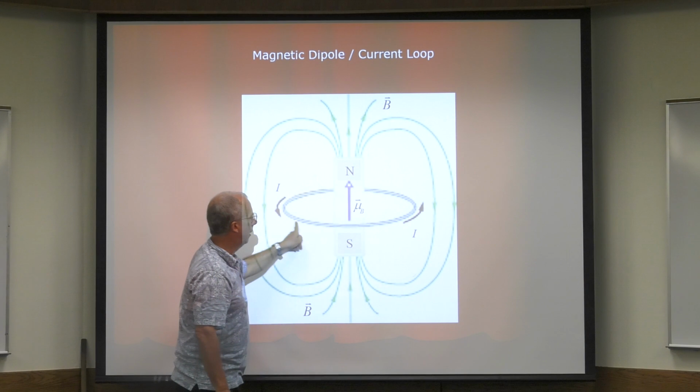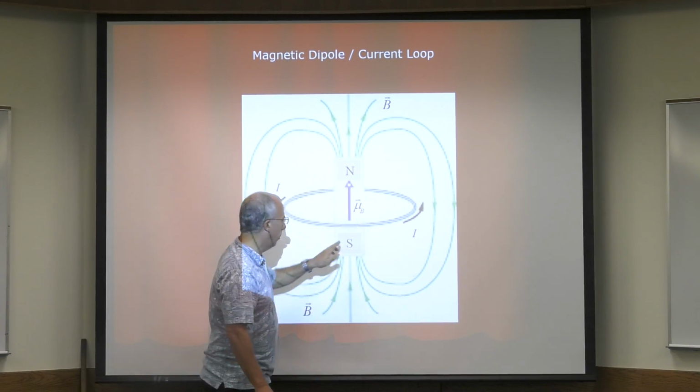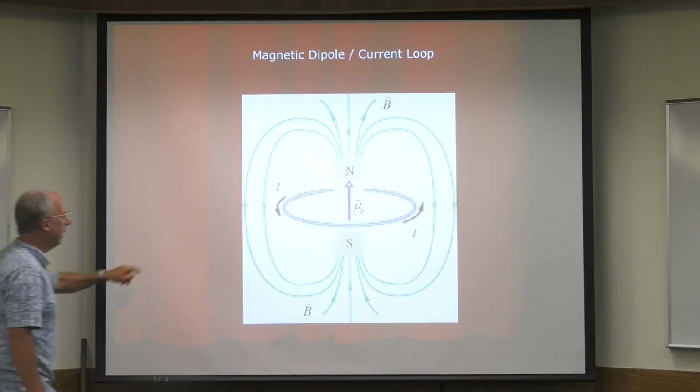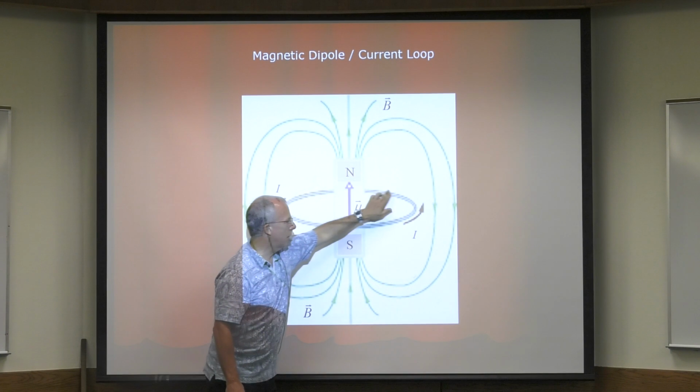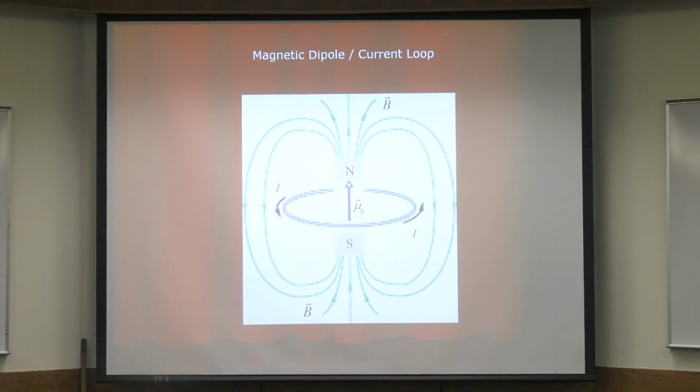This magnetic moment is a vector. It points from north to south. That's all it is. It's equal to I times the cross-sectional area of the circle, A. Not a big deal. We're not going to talk a whole lot about it in Physics 106, so don't worry about it.